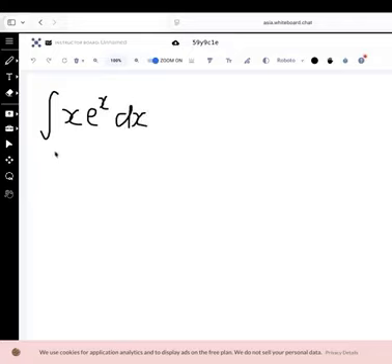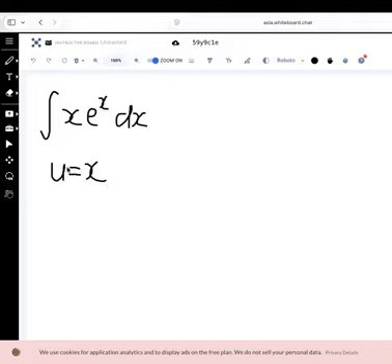Alright, similar to u sub, we'll find one function to be equal to u. So I'll choose x for this example. For integration by parts, you need to be wise about what you choose, and you'll see why later.